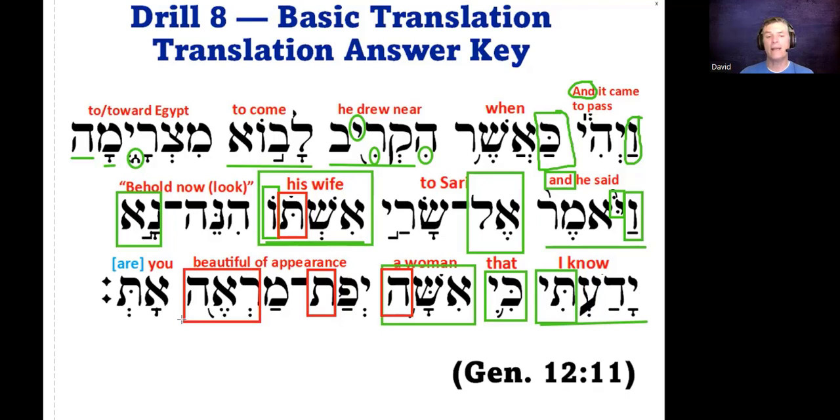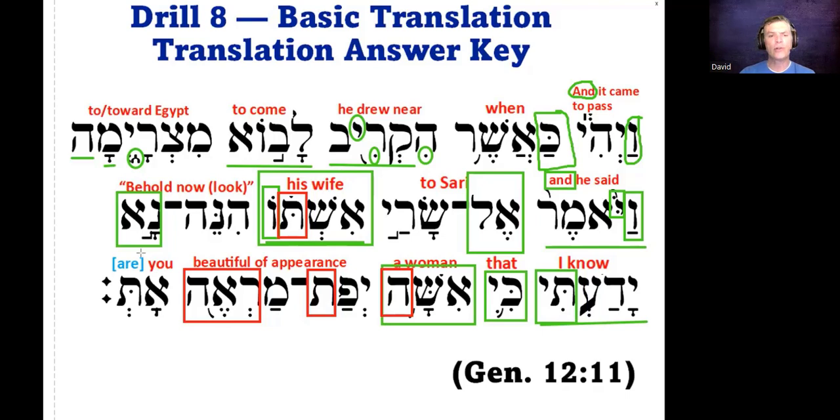Everything's based on that. We get the noun by adding a prefix mem to the verbal root resh aleph hey, and in adding a prefix mem, it's no longer a verb, it becomes a noun. You see that in many, many instances where a verb will become a noun by simply prefixing a mem onto it. Mareh, beautiful of appearance.